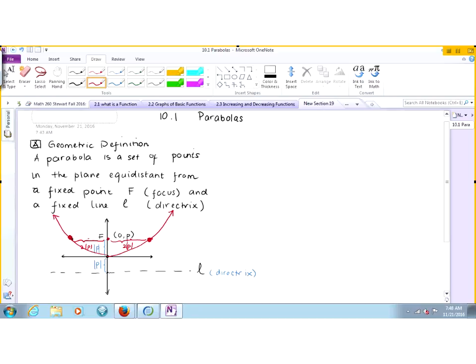All right. So look at these 2 points. Let me wait for you, because I want to talk about what it means to be the same distance, or equidistant, from a fixed point F and a fixed line.